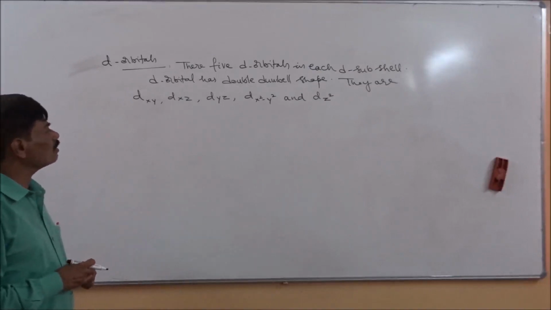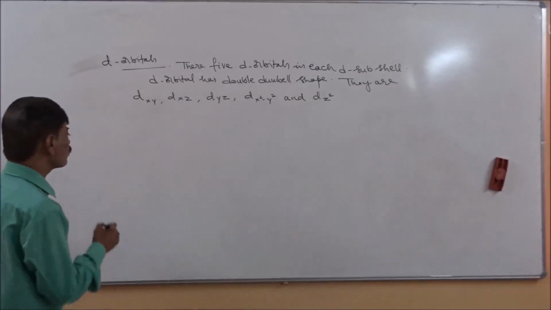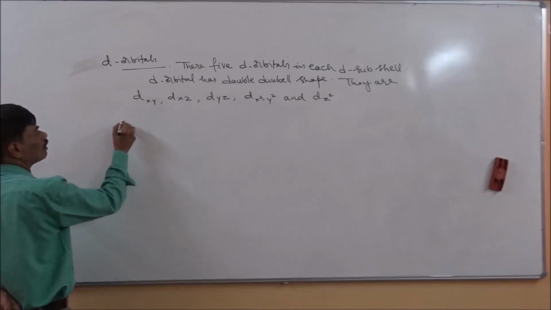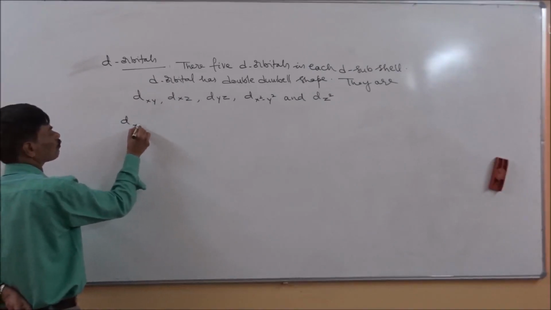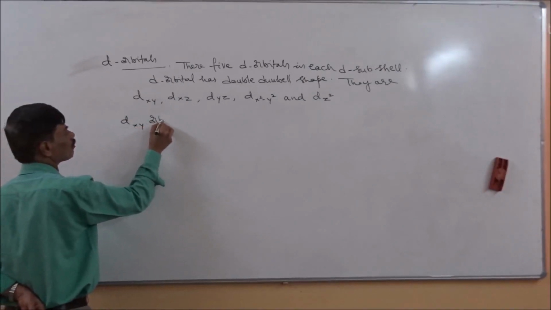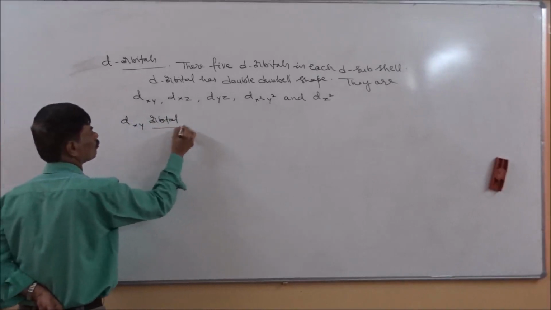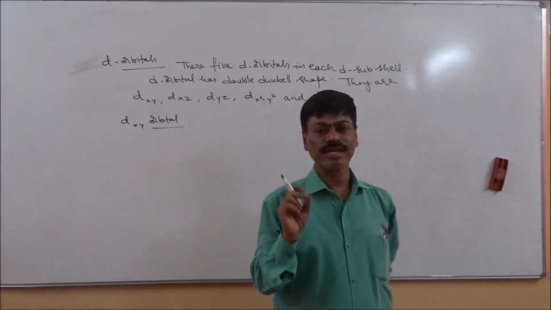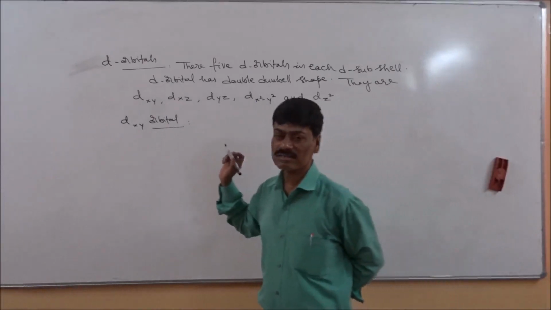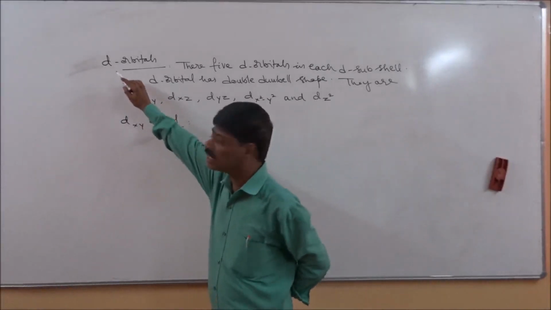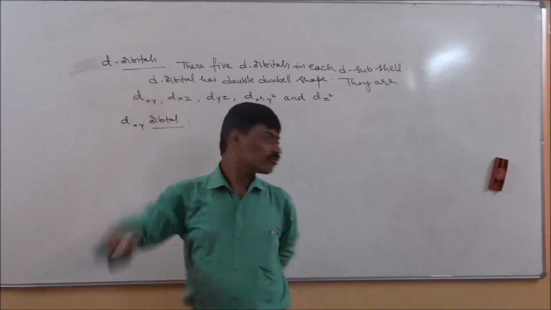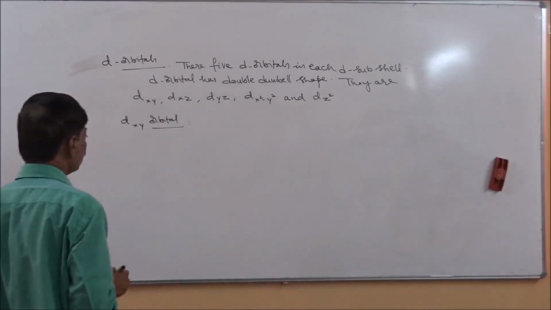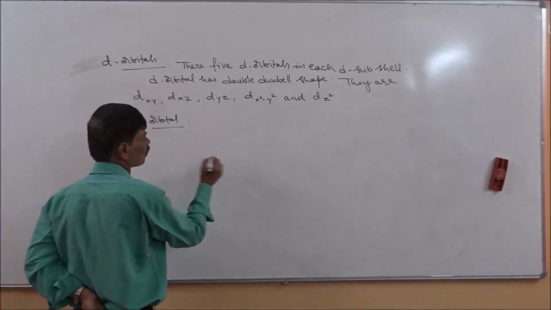Now let us see these orbitals one by one. First one is the dxy orbital. One thing keep in your mind, children. These notations s, p, d and f should be small letters. So d orbitals, d should not be a capital letter. Fine. Come to the dxy orbital.